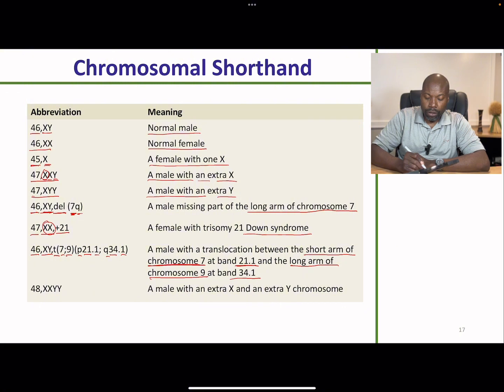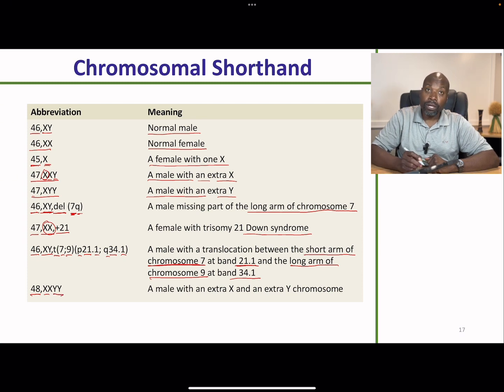Then finally, we do have 48. What does that sound like? So normally we do have 46 chromosomes, but this individual has 48 chromosomes. Obviously, we have some extra chromosomes here, but which chromosomes are extra, right? So now we have XXYY.